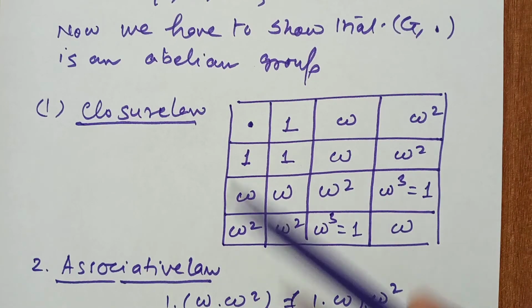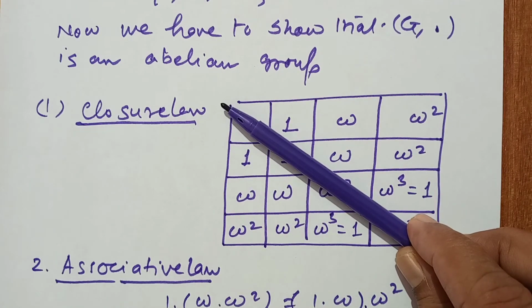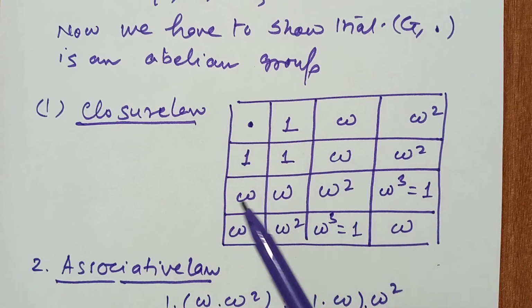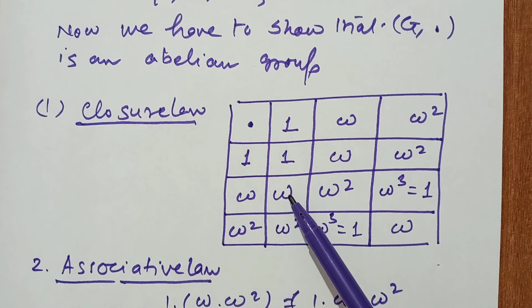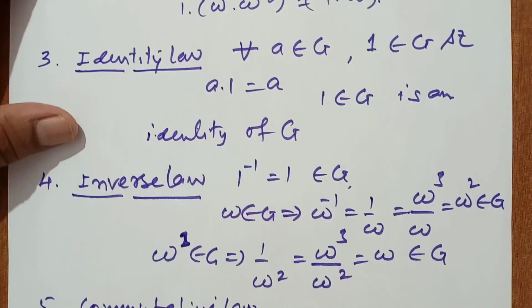Since this table is symmetric with respect to diagonal elements, this means it is commutative. In other words, for any two elements, omega into 1 is equal to 1 into omega, or omega square into omega is equal to omega into omega square. So it is very easy to explain that our table is symmetric with respect to diagonal elements.